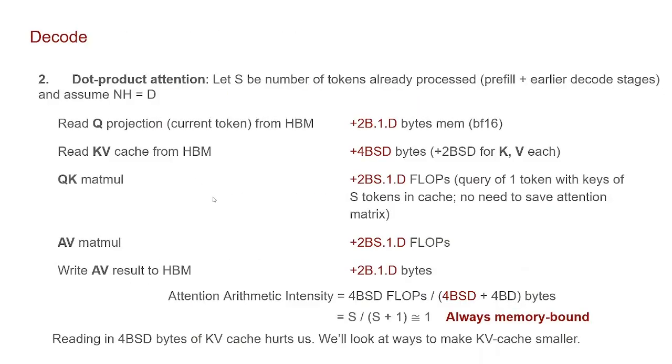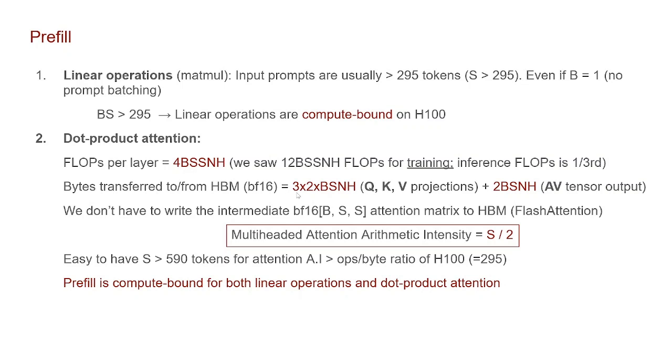And this is what we do here. We account for the Q, K, and V projections, each being of shape B, S, N, H, and because of BF16 we have 2 bytes. And then the output of this, again of shape B, S, N, H, each of 2 bytes. So we move around so much data. And we don't write the intermediate result, the attention matrix of BSS shape, back to HBM because of Flash Attention.